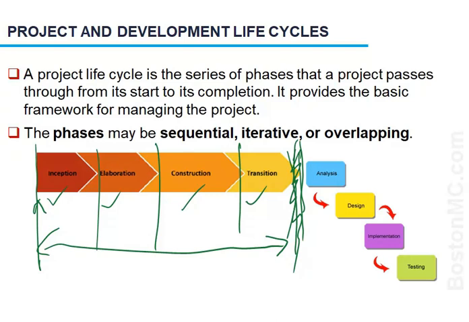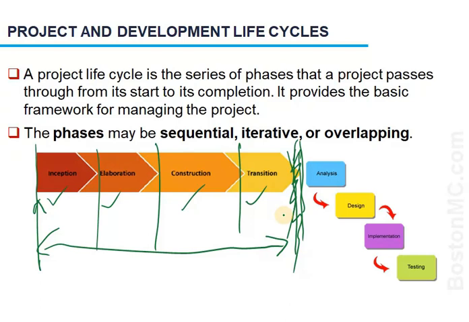In this case, this is a construction example, but if your project was a research project, then identifying the sources of information could be one phase. Another phase would be to put together a team, and then another phase after that would be to go and collect research information, and then another phase would be to analyze that information, and the final phase would be to put together your research report.